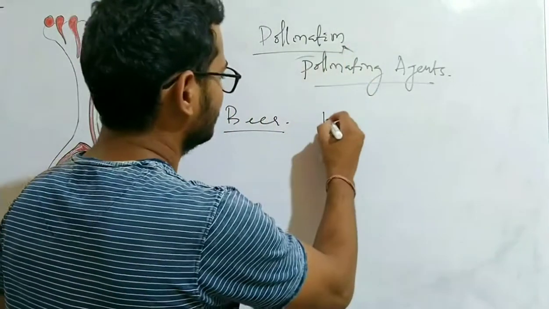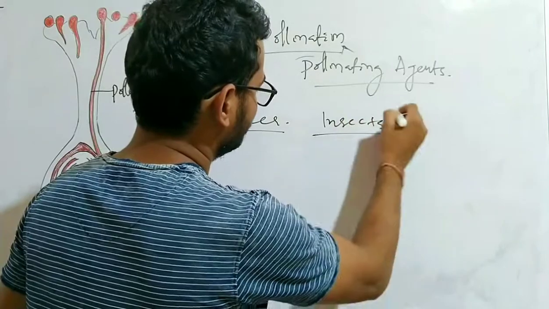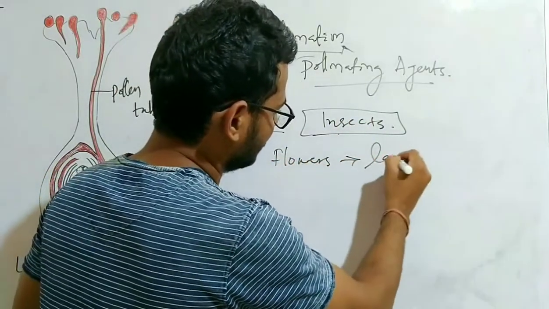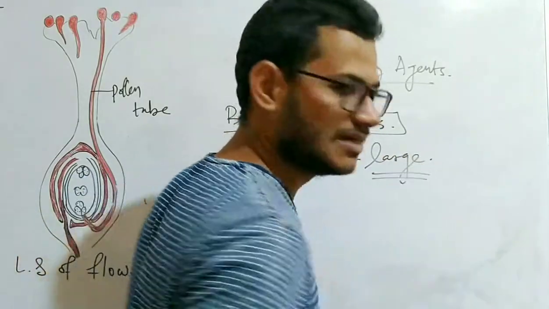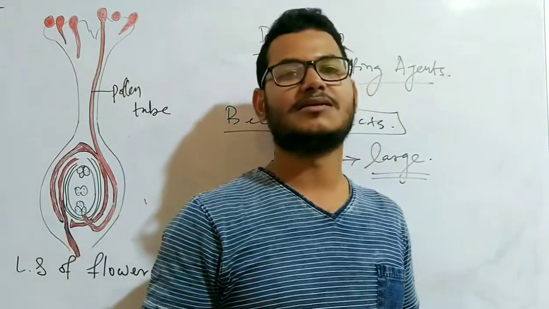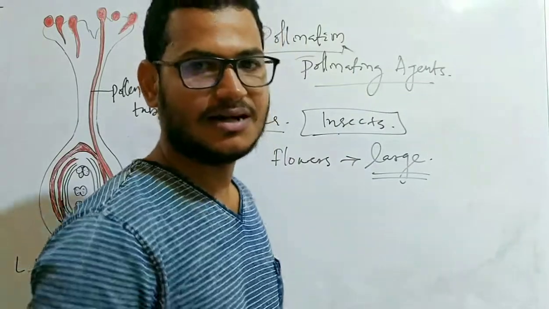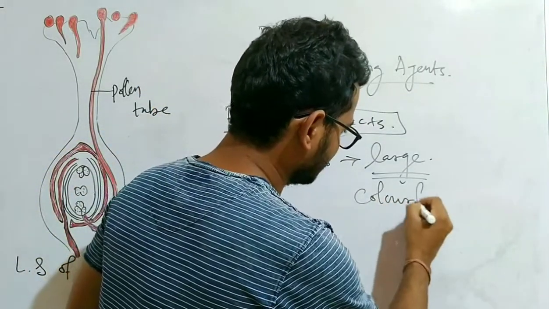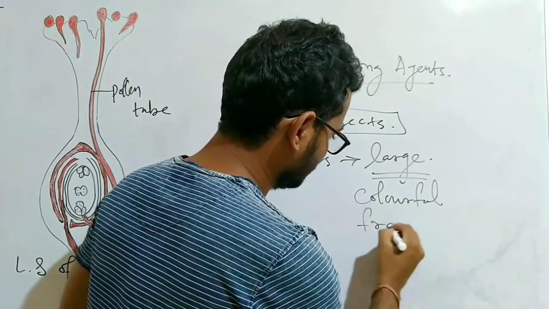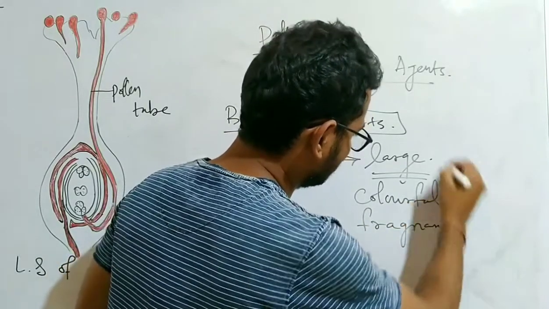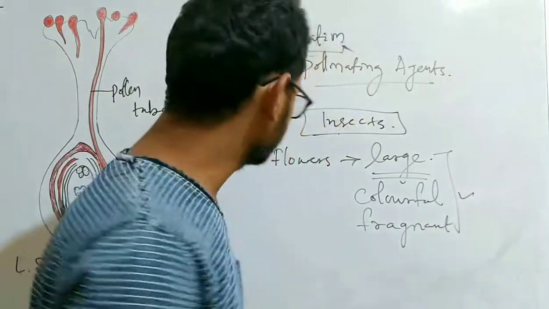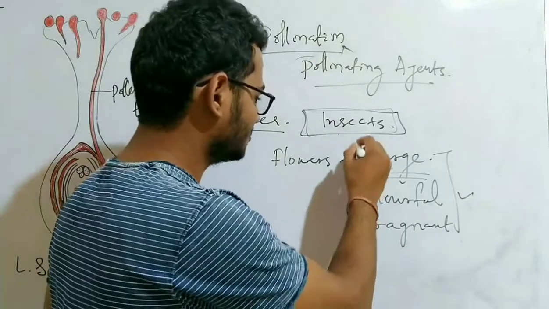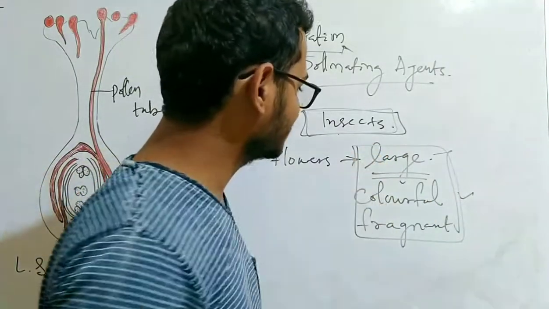So when insects are responsible for causing pollination, the flowers need to be very large in order to attract the insects or animals. And they need to be colorful and should have fragrance. These are required in case of the insect pollinating plants, because these things attract the insects.